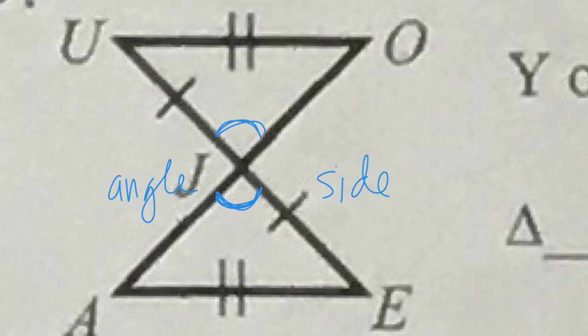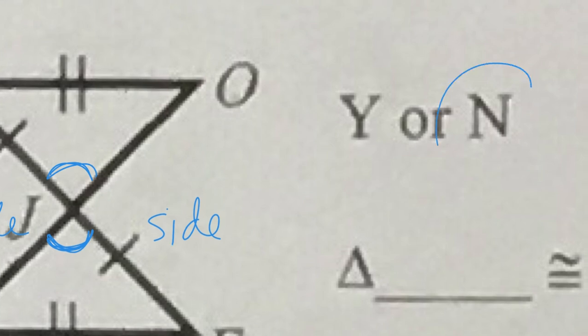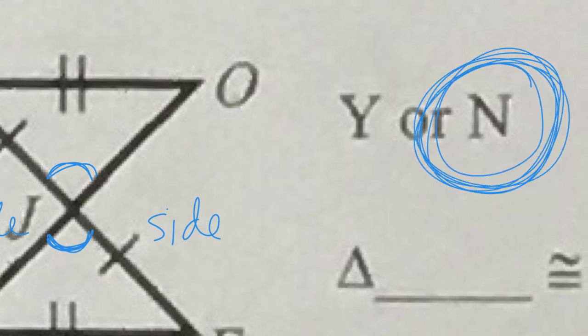It spells a bad word. So is this a yes or is it a no? It's actually a no, because angle-side-side is not one of our five. We can only use those five, and angle-side-side is not one of them. So even though we have the three things that are marked, because they're not in the right order, it's a no.